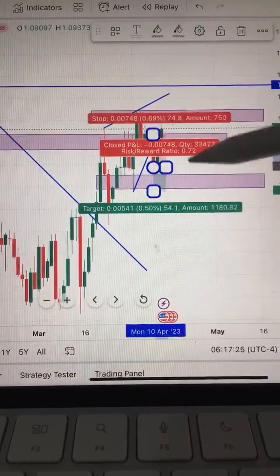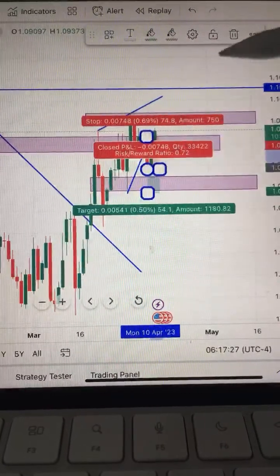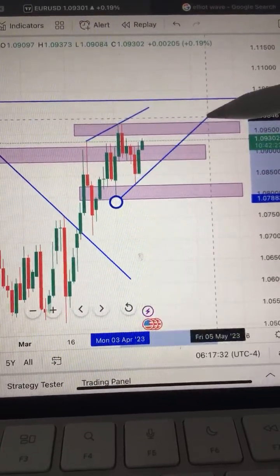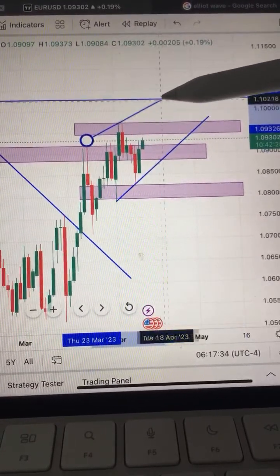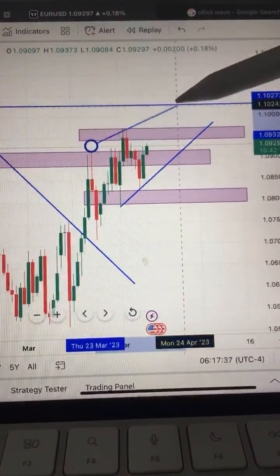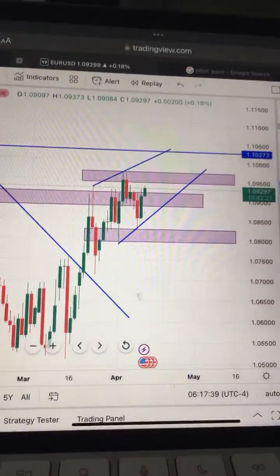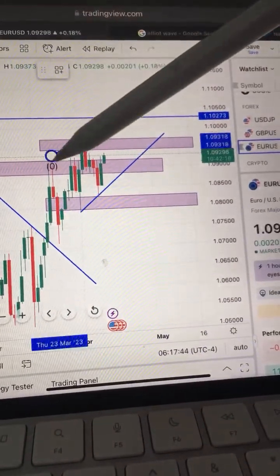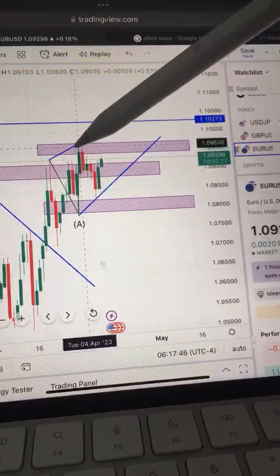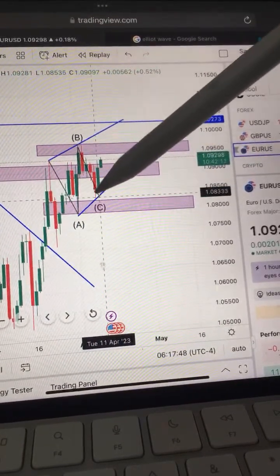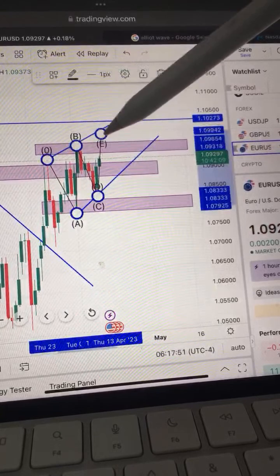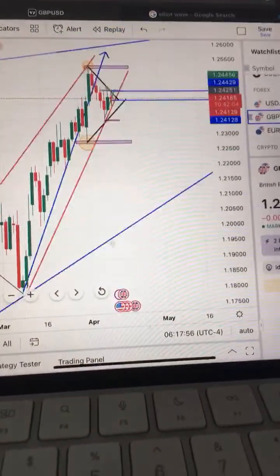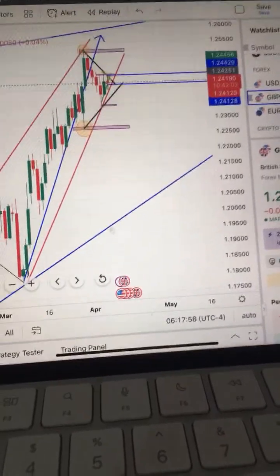Here, let's delete this. Let's edit this like this. So right now we have a channel, and on this channel this is what we see. And yeah, this is what I see. And in Gbpusd we are holding a buy too.